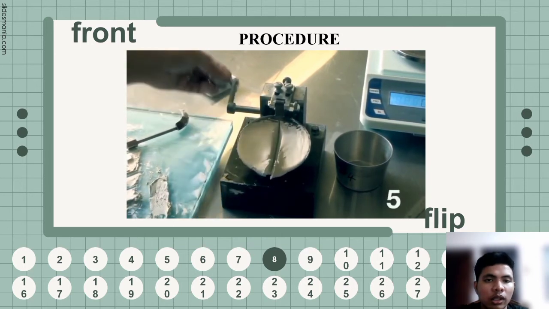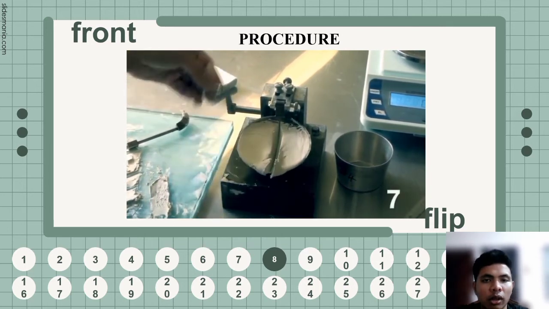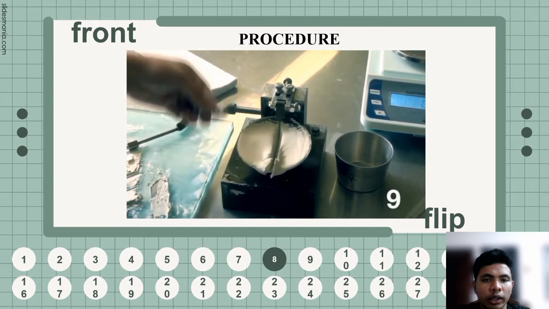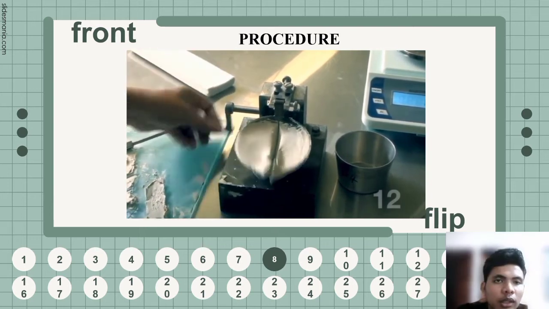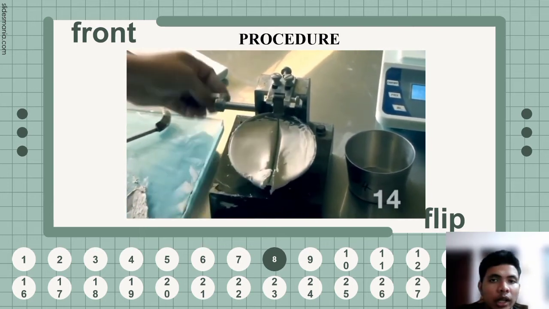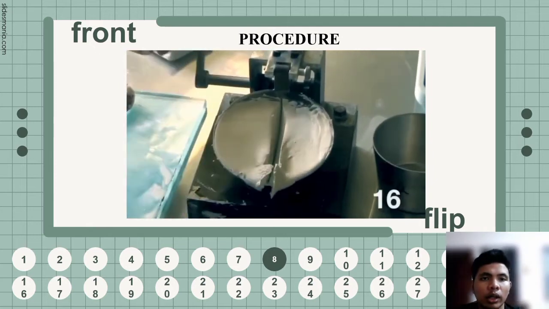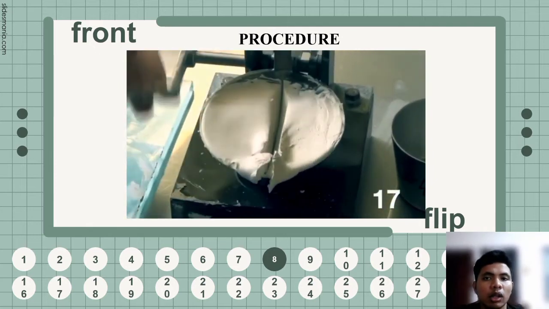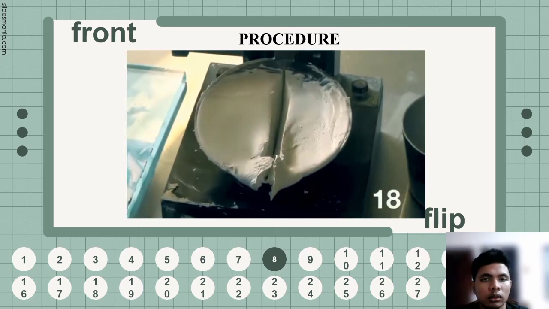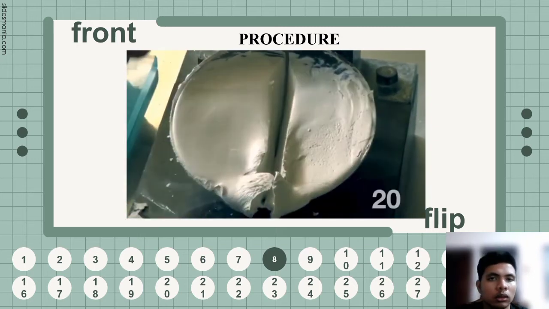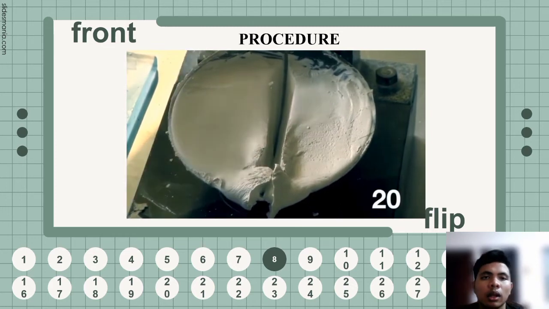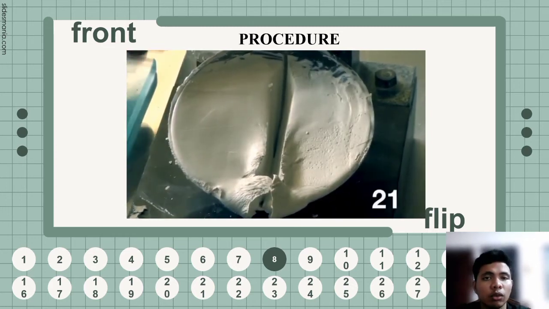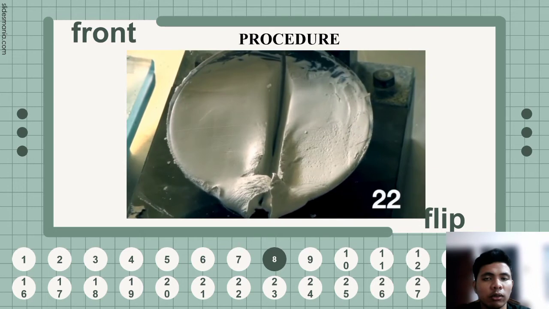After that, using a ruler, measure the length of the groove that closes or joins. Next, the soil is said to be at its liquid limit when this length is about 10 mm after 25 drops or blows. When this requirement is achieved, obtain the moisture content of the soil sample.